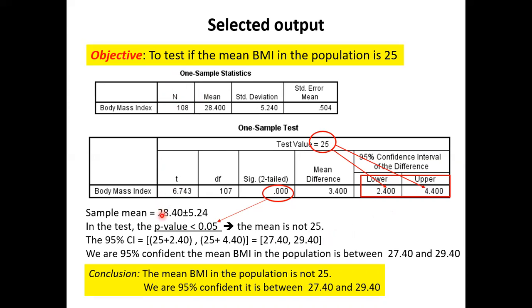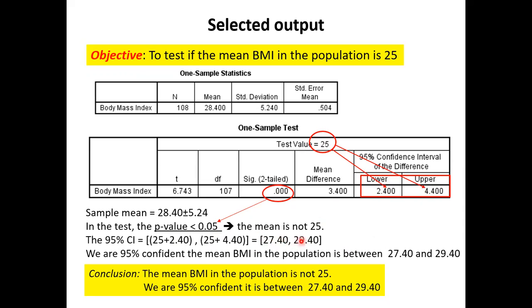The sample mean 28.4 plus minus 5.24. In this test, one sample t-test, the p-value is less than 0.05. Therefore, the mean is not 25. The 95% confidence interval, just add these two and report.